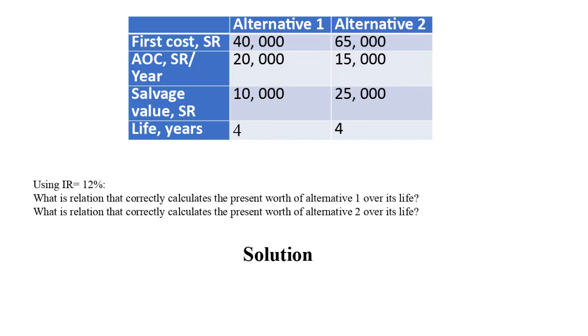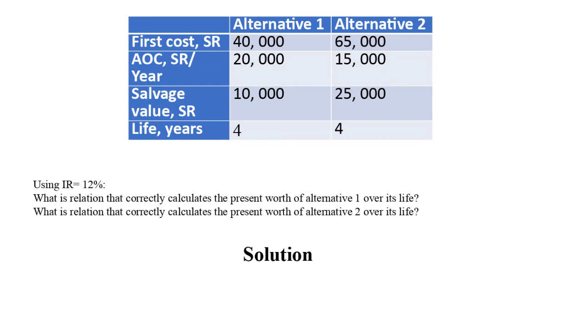What is the conversion needed, if it's needed or not, for the 40,000? No need, so the 40,000 is going to be as it is. No need to convert it. It is already a first cost. The 20,000, excellent, Abdullah. It is P given A.